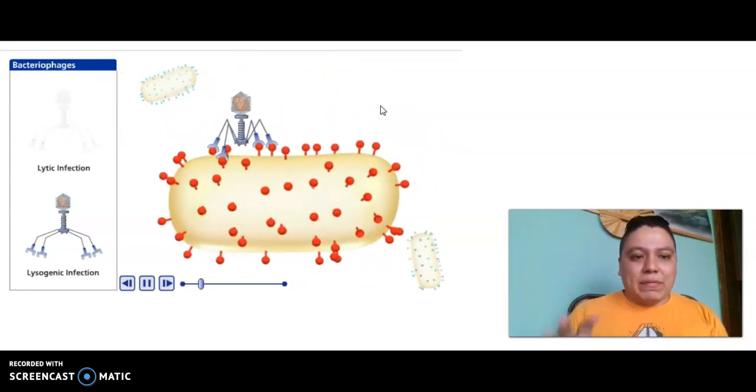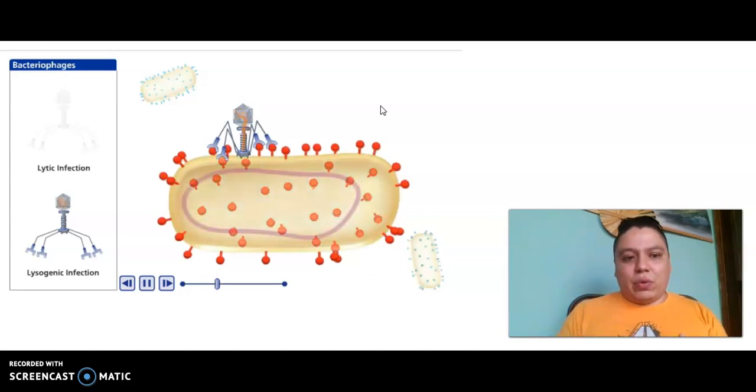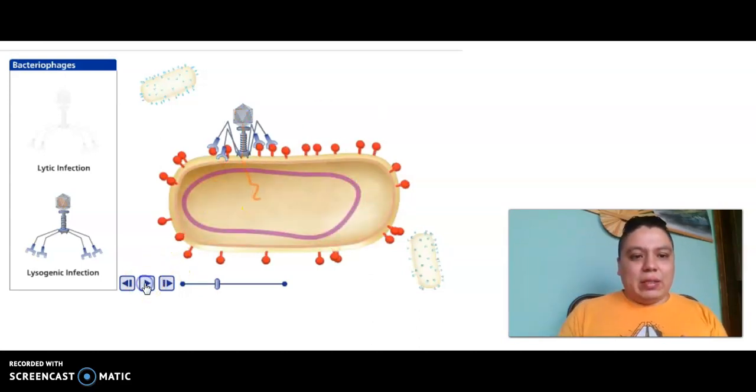So it grabs onto the glycoproteins of the bacteria or the cell, and then it simply opens like a door. Literally, the cell membrane opens up if the glycoproteins are actually like keys, or they actually fit into each other.